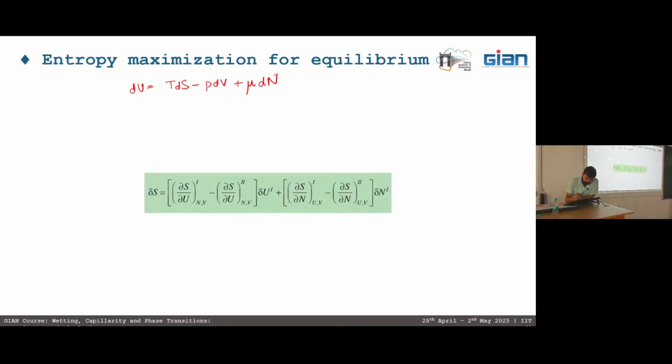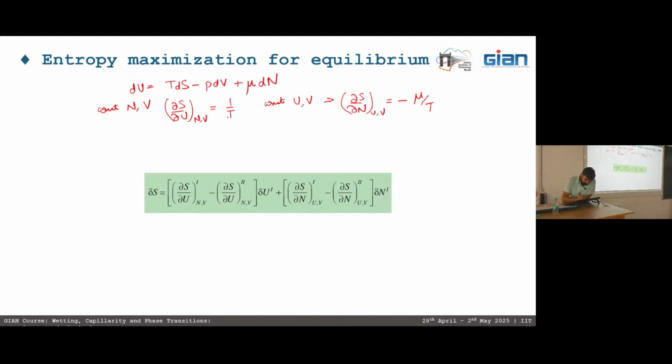For constant number of molecules and constant volume, we can simply write del S by del U at constant N and V is equal to 1 by T, and at constant internal energy and volume, del S by del N at constant U and V is equal to minus mu by T, which we can write from the state equation.